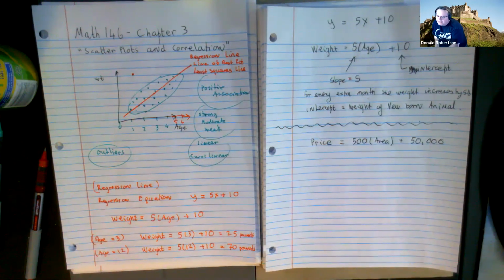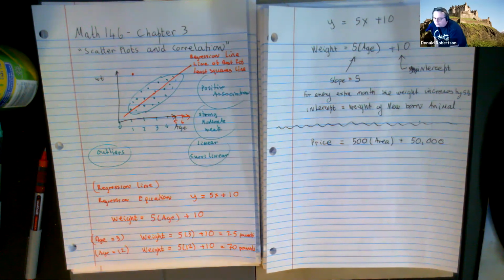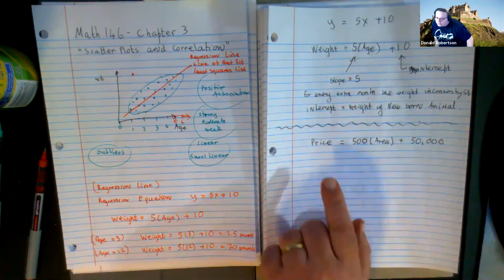Now, the area I mean is the area of the house in square feet, right? So a 2,000 square foot house, you put 2,000 in that. Right. So imagine you went to some place in California, because these numbers are going to be Californian numbers, right? You went to some place in California and you got a 2,000 square foot house. How much would it cost me? Right? You can use this formula to predict the price of a house.